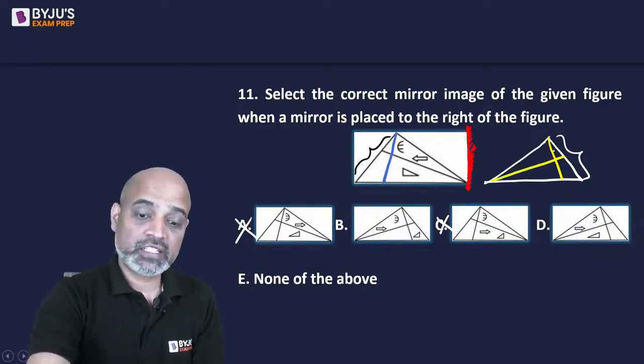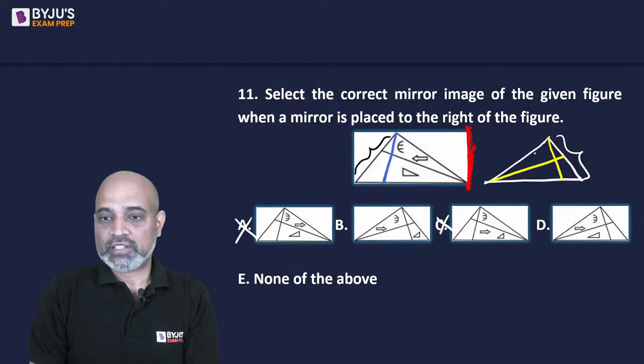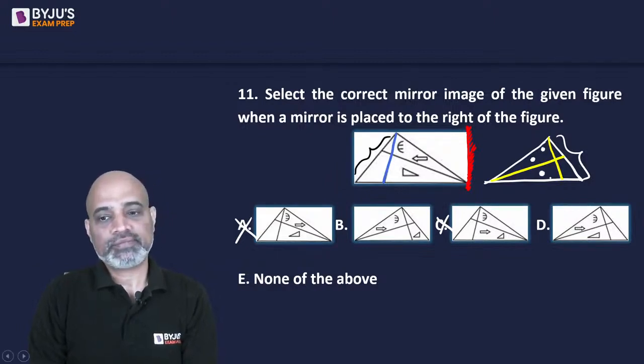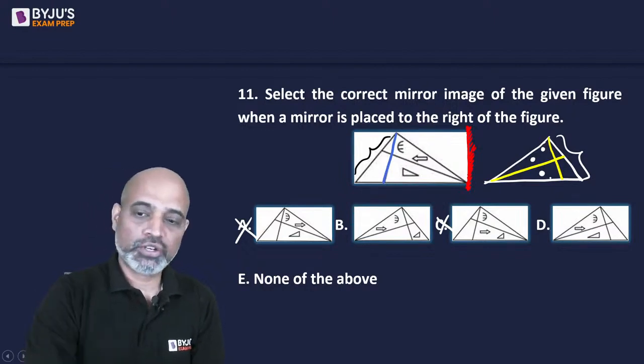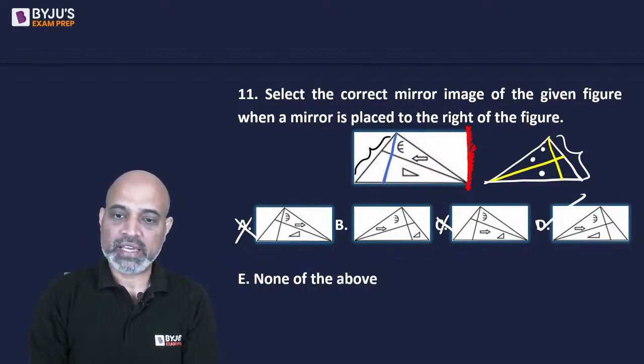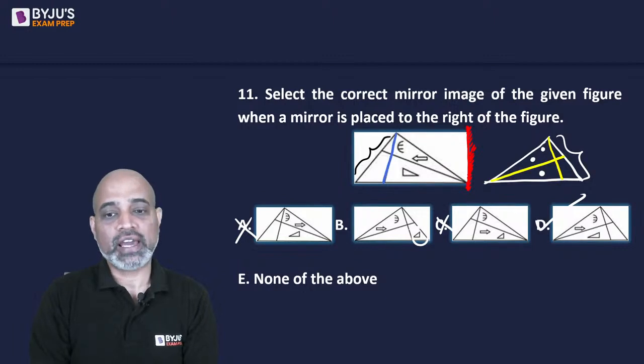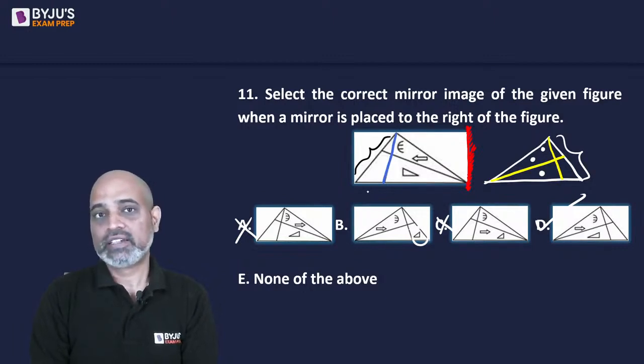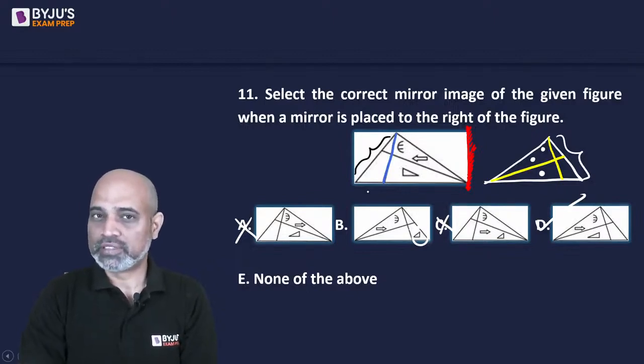Now let's look at these symbols inside. There are 2 symbols here and there is 1 symbol here. है ना? That is only true for D, and A में ये symbol इधर है जो कि actual figure में it doesn't stay there. That quadrilateral shape that you have, उधर में नहीं है third symbol.